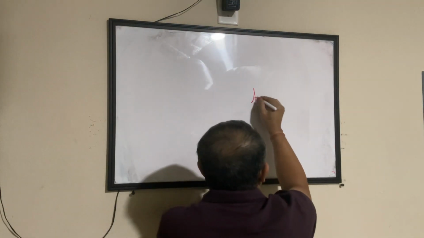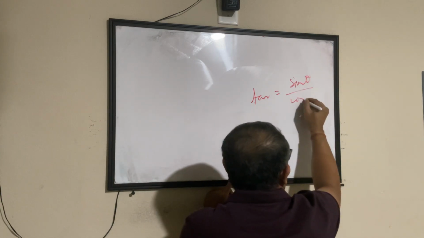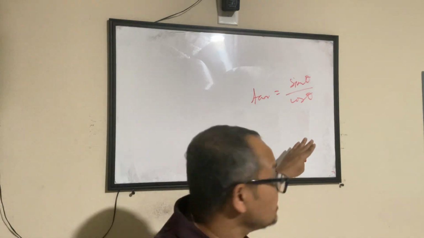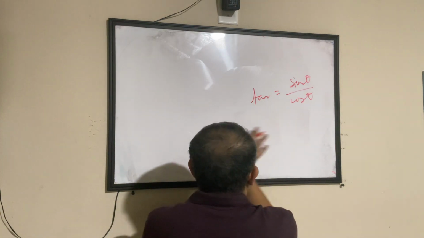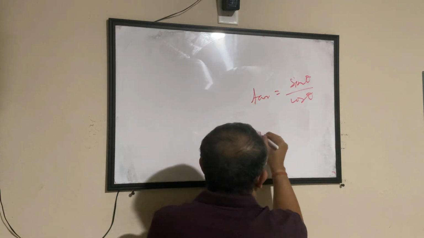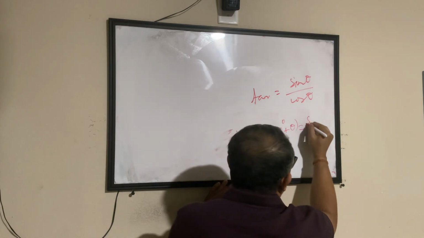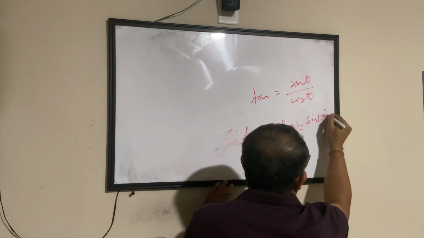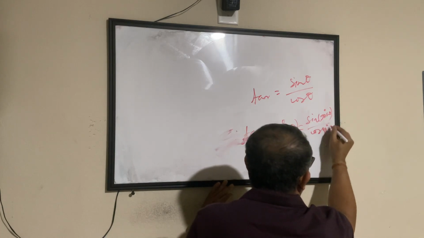Whatever we talked about sine and cosine, tan is nothing but sine of theta by cos of theta. This is what helps us get the value. As long as we understand the sine and cos concepts, if I'm talking about tan of 90 degree plus theta, then essentially I'm talking about sine of 90 degree plus theta divided by cos of 90 degree plus theta.